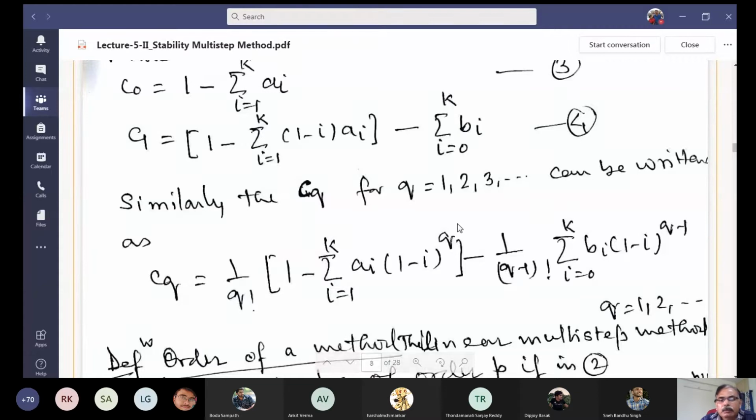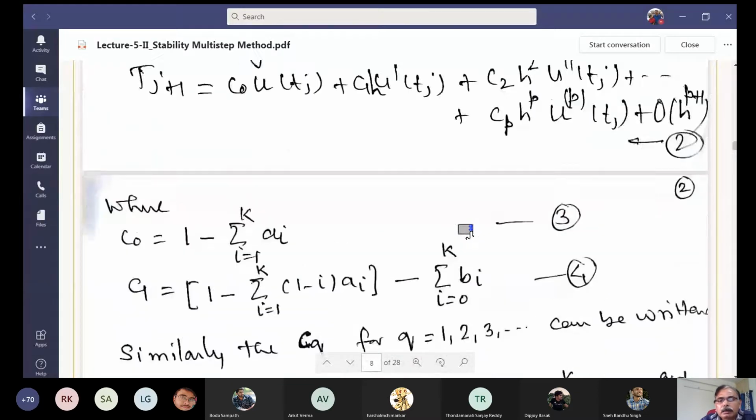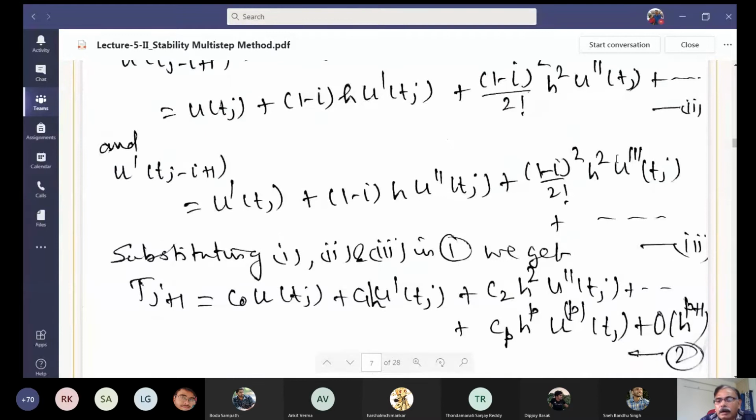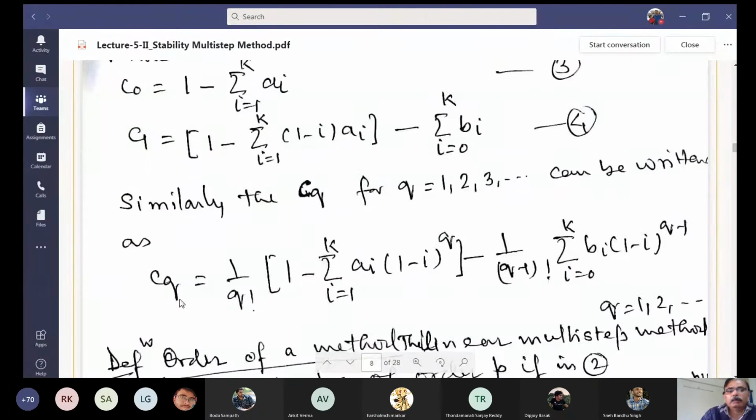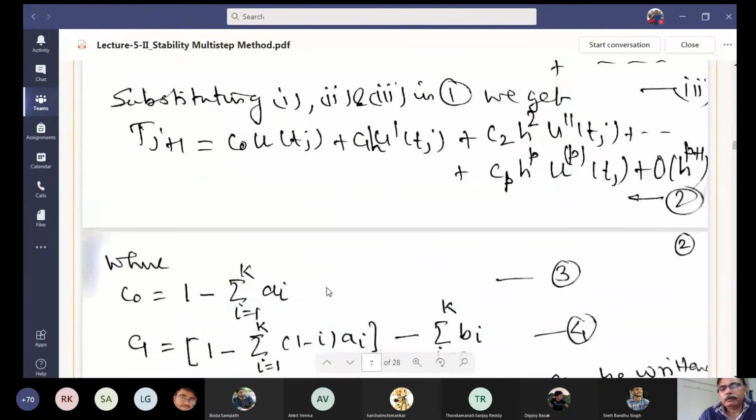Because if you see u double prime, it has (1 − i) squared by 2 factorial, right? Similarly, the general term C_q will be 1 by q factorial.